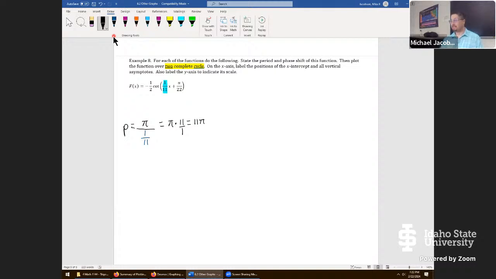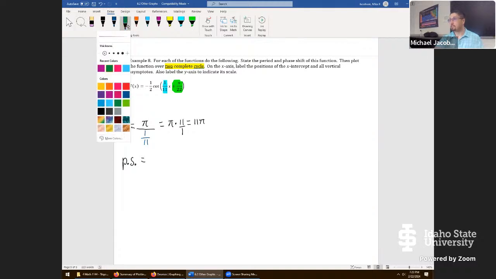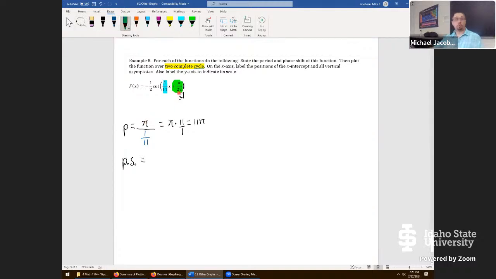So interesting period. Next thing we need is phase shift. Where we look for phase shift in the problem is right here, including the sign, because we now need to negate whatever it is. So from here, we'll pull -pi over 22. You'd multiply this by 11 over 1, but that could look weird in the notes.